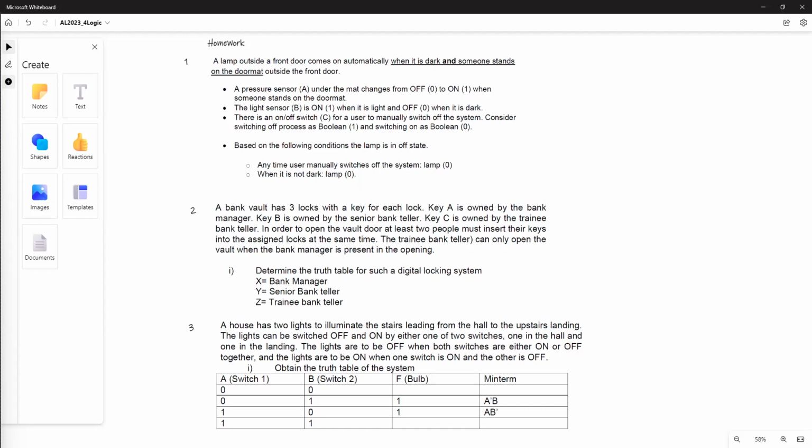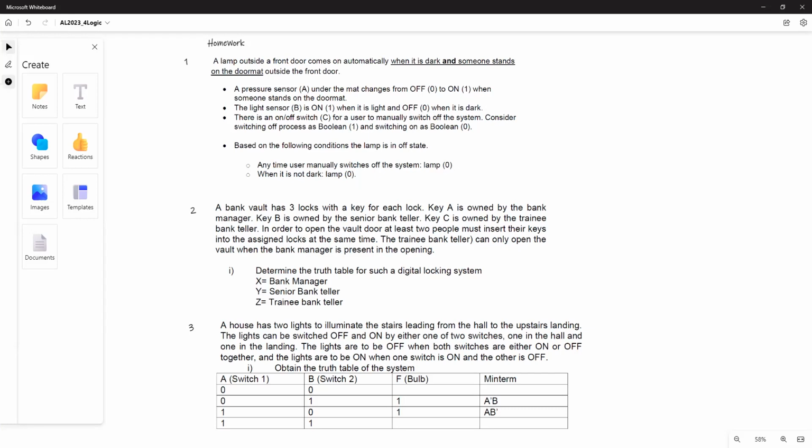Sometimes you don't need to simplify if it is a very simple one, but if it is a complex one, then simplify. You can use either Boolean algebra or Karnaugh maps. Then I want you to draw the circuit. Right. So those are some homeworks, right?